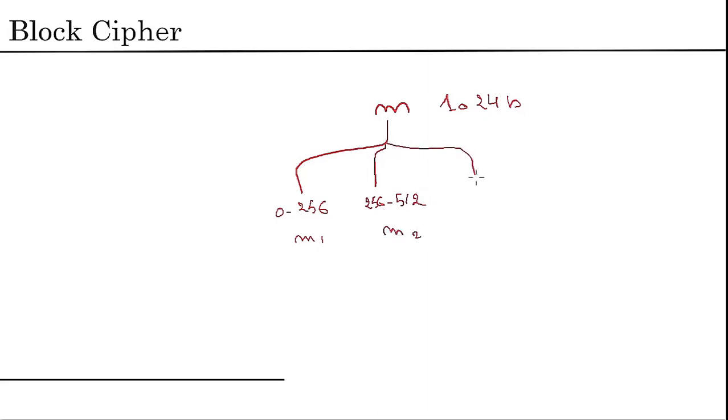If we have a message M that is 1024 bits, we can split it into 4 blocks: from bit 0 to bit 256 is M1, from 256 to 512 is M2, the third block from 512 to 768 is M3, and the final block from 768 to 1024 is M4.